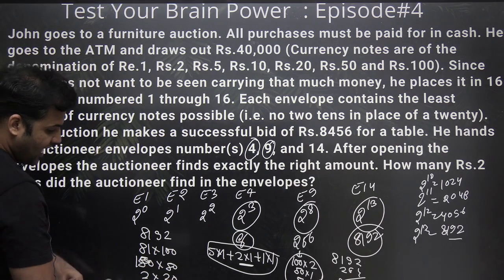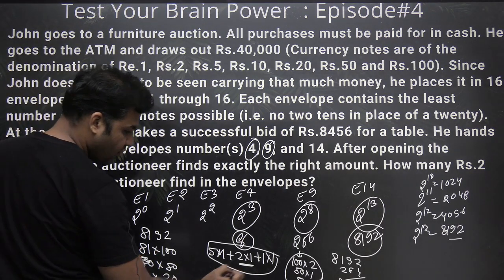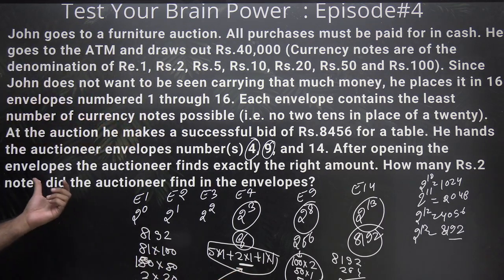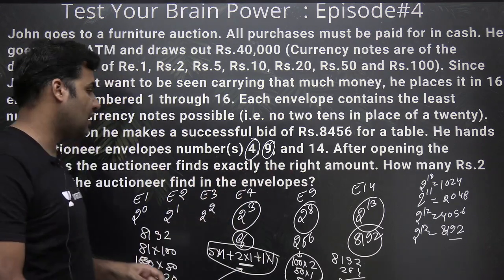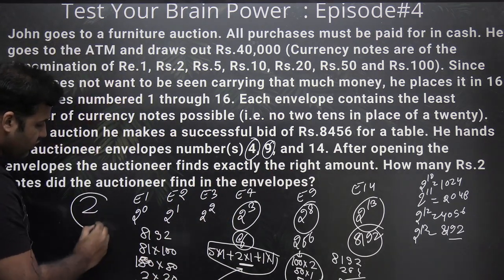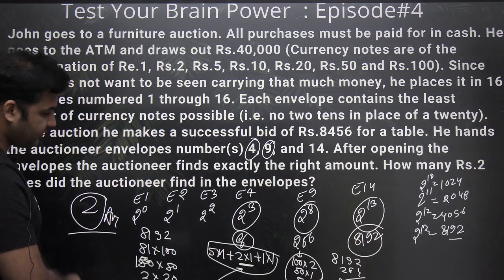So I'm using 1 note of 2 rupees here and 1 note of 2 rupees there. And because the question is asking how many 2 rupee notes the auctioneer found in the envelopes, the answer to the question will be 2. That would be the correct answer, right?